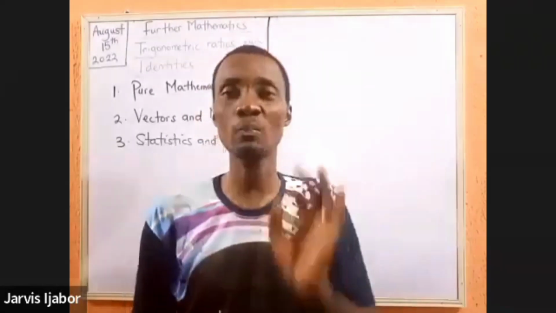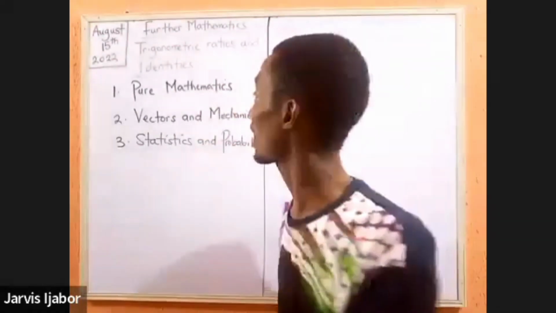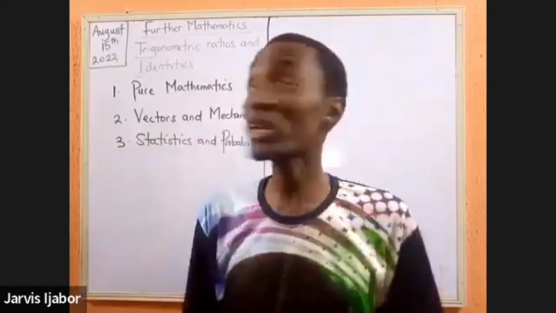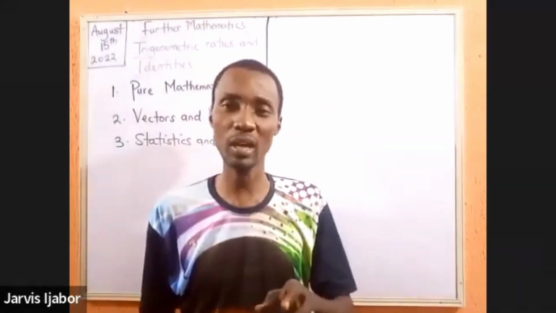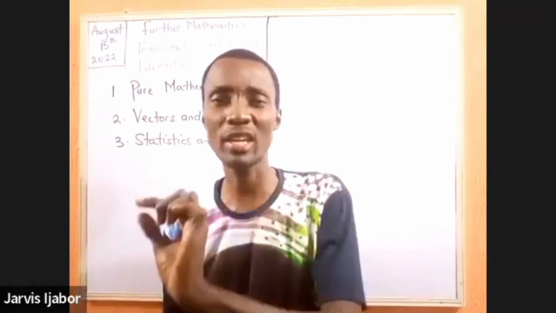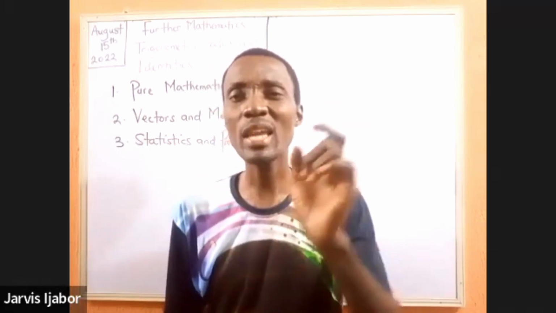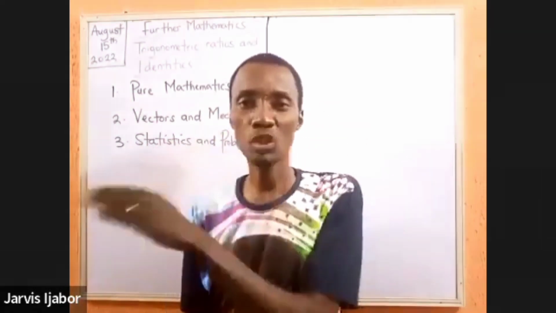One of the topics we're going to see in pure mathematics is the matter of trigonometric ratios and identity. I was talking about trigonometry, and the word trigonometry essentially means three-angle measurements.